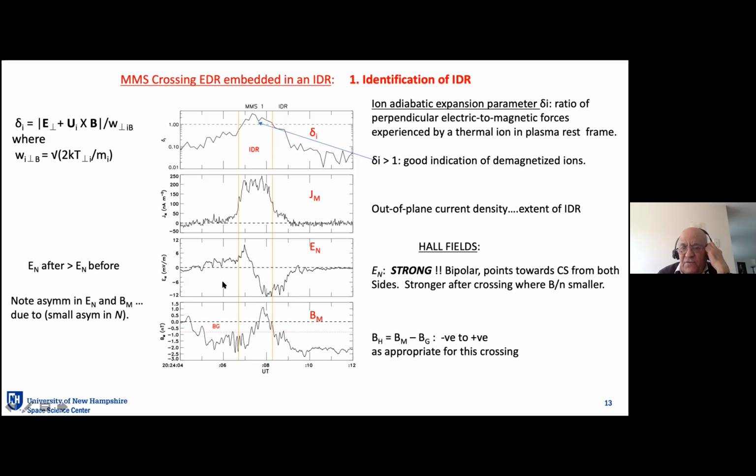Notice that in the Hall fields, before the current sheet crossing, the EN and the BM are smaller than after the current sheet crossing. And this, as I told you before, is a sign that we are feeling the small asymmetry in N and B. That's why these are not the same. Question is, will the simulation reproduce that? That is a question.